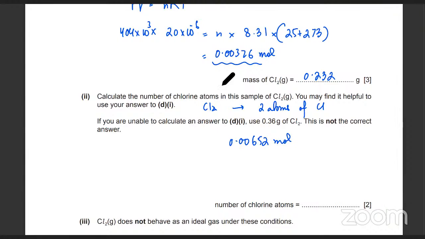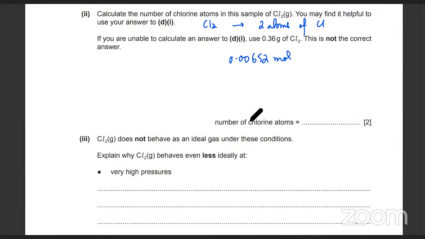And then he says, calculate the number of chlorine atoms in the sample. So one Cl2 has two Cl atoms, so basically the moles are going to be doubled. Number means you have to give the number, so you have to multiply this by the Avogadro's constant. He's not asking for moles, he's asking for the actual number.